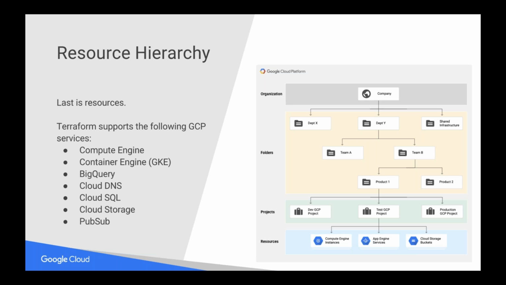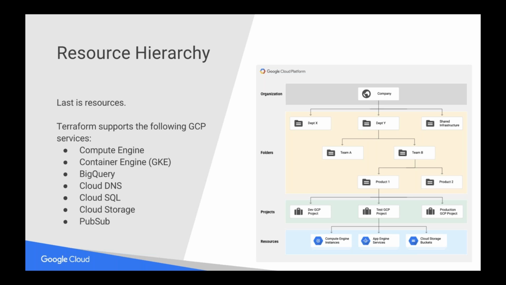Last up are resources. This diagram shows Compute Engine instances, App Engine services, and Cloud Storage buckets as possible resources, but that's far from a complete list. Except for the more meta Terraform resources like project or IAM policy or service account, Terraform resources and Google resources are essentially equivalent.